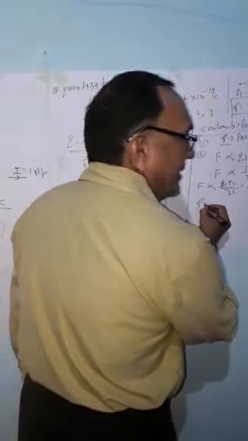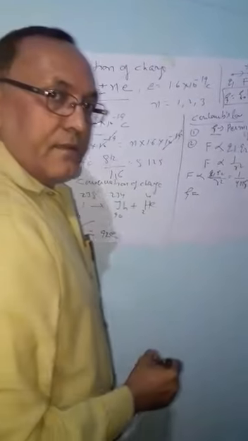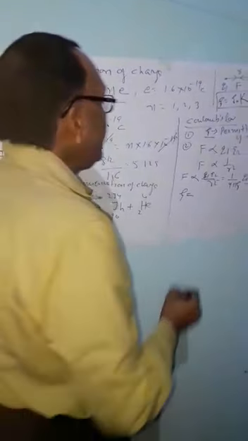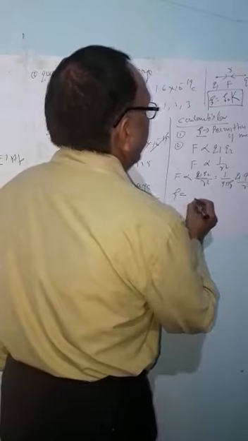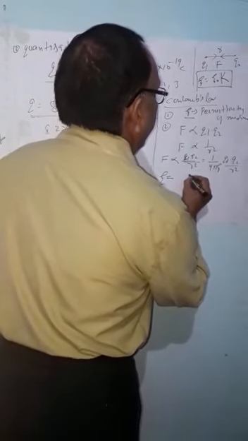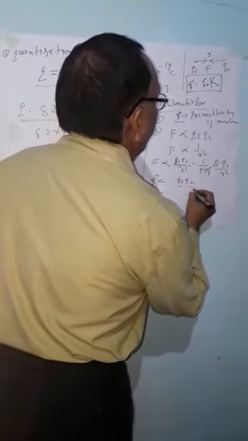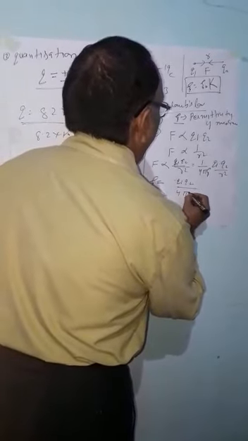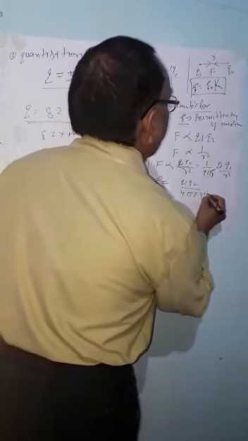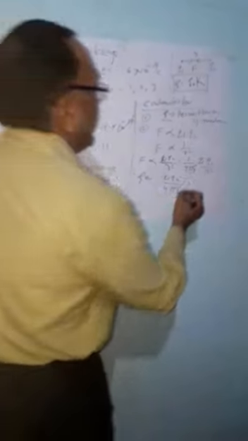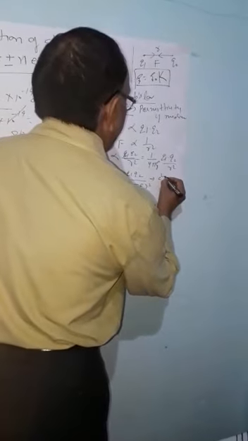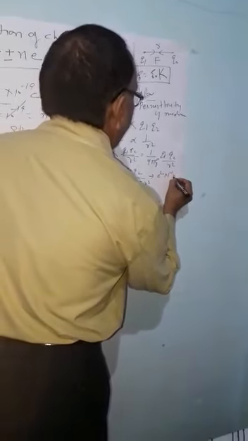From here, epsilon is equal to Q1 into Q2 divided by 4 pi F r square. From here the unit will be coulomb square per newton per meter square.